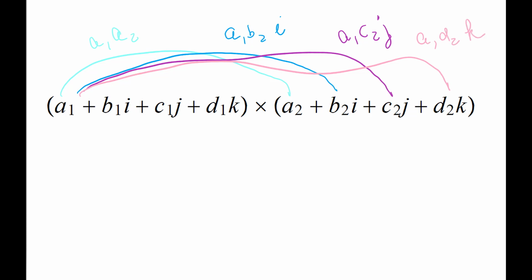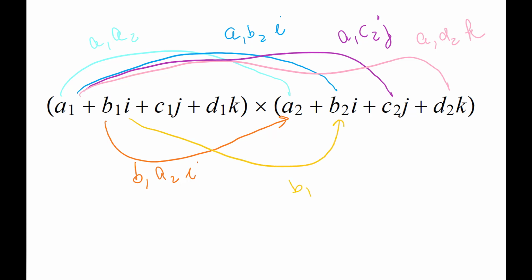So these just went over as usual, and I'm not going to make you listen through all of these. Then you got b1 a2 i, and next you got b1 b2, and then you will have i cross i, that will make it negative b1 b2.